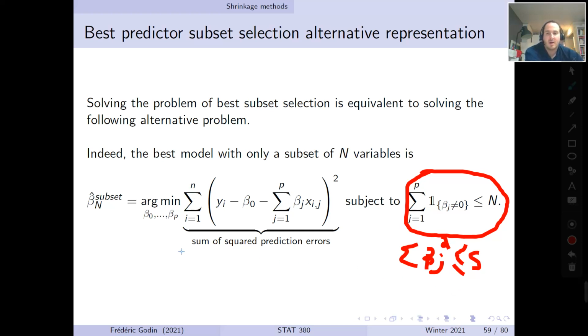Both try to reduce the same objective function but under different constraints. One is to have a limited number of parameters different than 0, and the other is to have a limited overall magnitude of squared parameters.